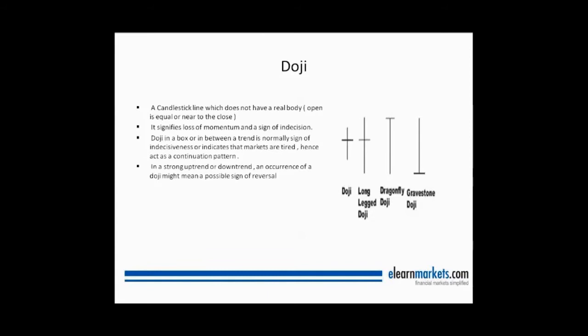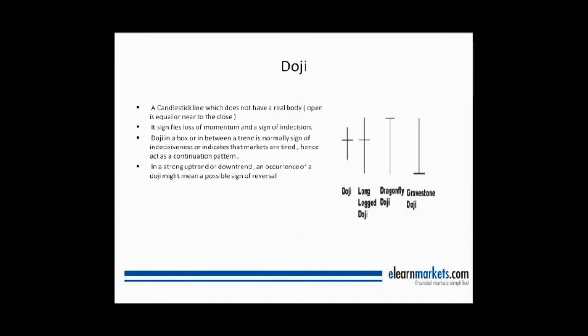If you look at the first 2 diagrams, that is doji and long-legged doji. What is the difference between the 2? They are actually the same, just that the size of the 2 candles is different. A long-legged doji is a bigger candle compared to a normal doji, which implies that there has been a lot of volatility in the market.